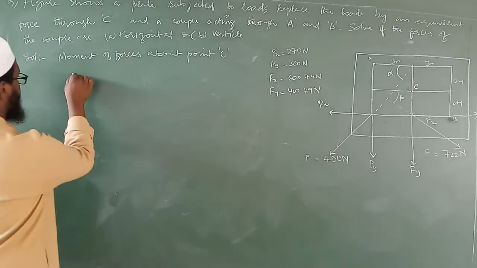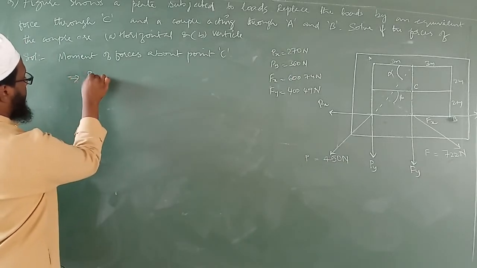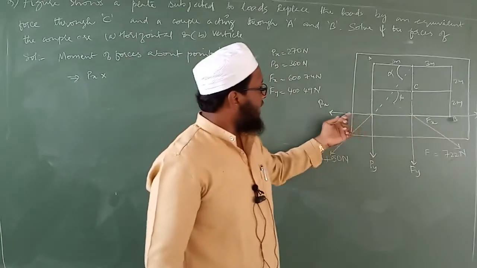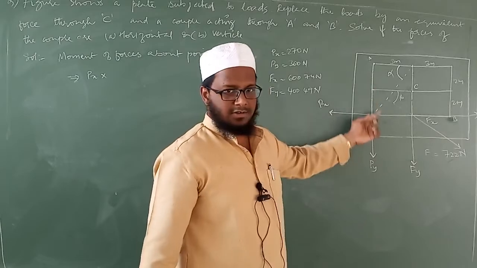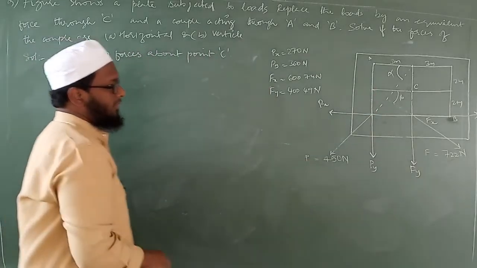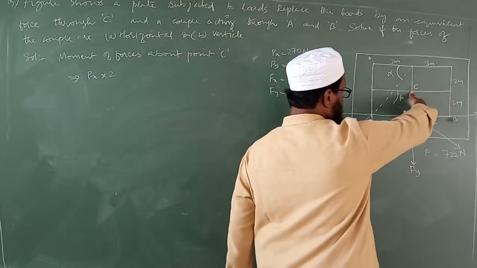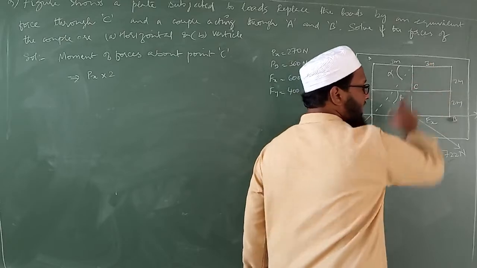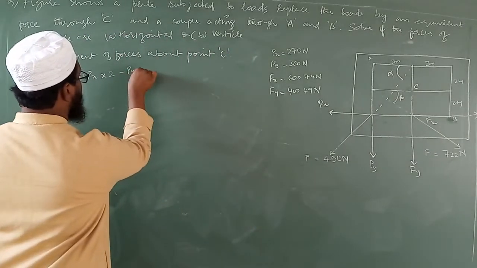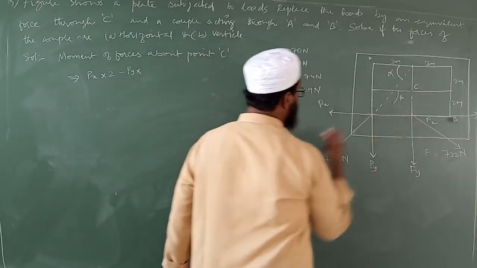So Px into perpendicular distance, which is 2 meter. Then what about Py? Keep your thumb on point C and see Py, anti-clockwise, isn't it? So minus Py into perpendicular distance, which is 3 meters.